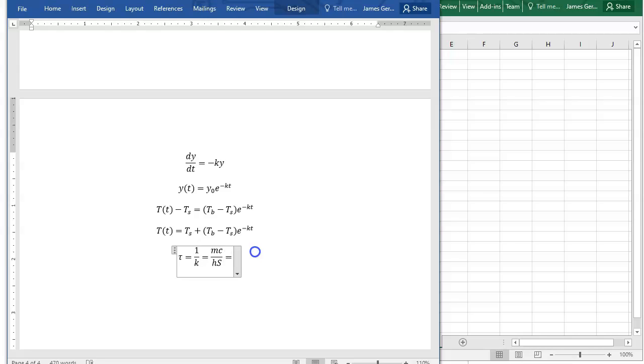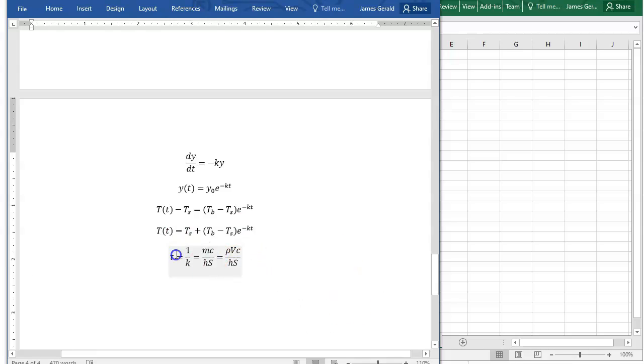M, in terms of density and volume, this is going to be rho V c over HS. And this is the time constant of cooling because this kind of sets the time structure for when things are going to cool, right? The larger this is, the smaller k is, right? The larger this is, the longer it takes for the body to cool. The smaller this is, the faster the body cools.